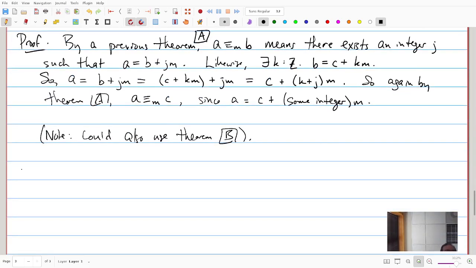Okay, I want to write down one more theorem about how this equivalence behaves. This is also very important.